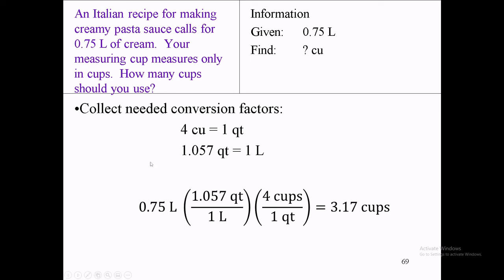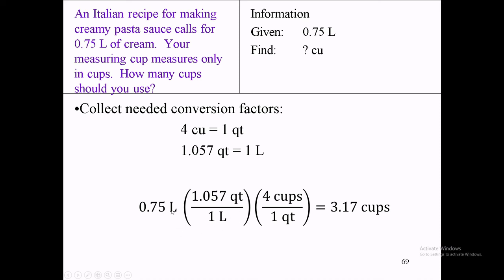And now we can write an equation that's going to allow us to get to the cups. So this is what we were talking about where we convert these statements into conversion factors. I've rewritten the statement that 1.057 quarts is equal to 1 liter as a fraction, where I have quarts in the numerator and liters in the denominator.